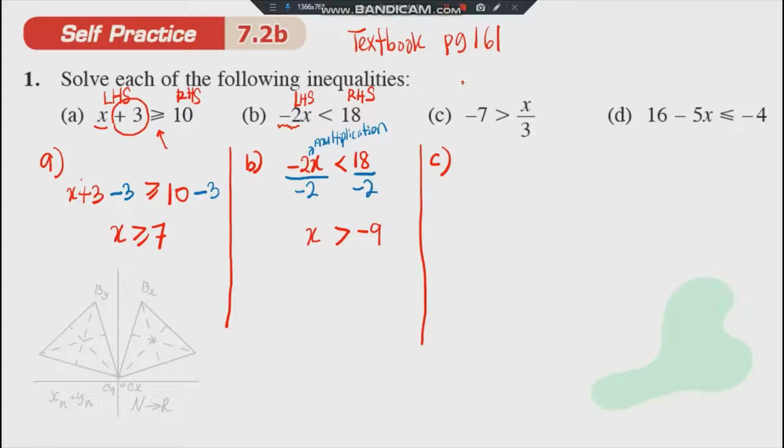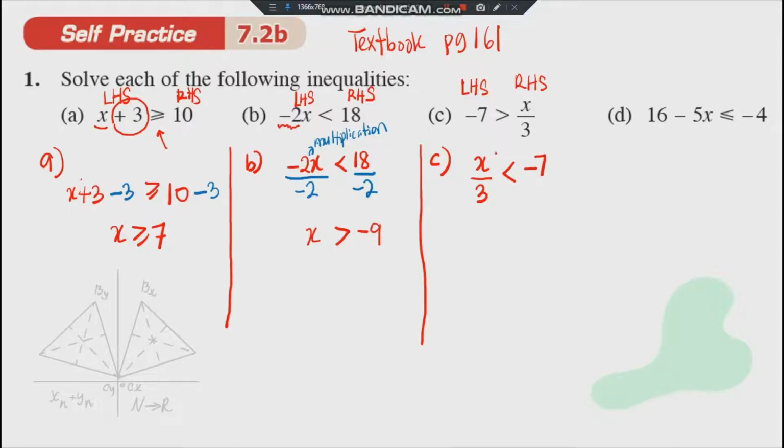For question C, we have negative 7 on your left hand side and x over 3 on your right hand side. If we look here, our variable is on the right hand side. So we can swap the position using the converse property, which is we swap x over 3 to your left hand side and your symbol also reverses, with negative 7.